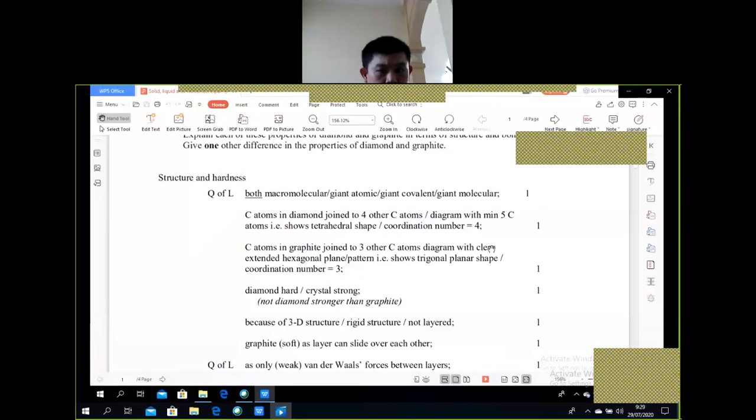Diamond is a crystal, and it is stronger than graphite. According to the 3D structure that we used to learn in grade 9, diamond has a tetrahedral structure, but graphite has layers of hexagons.